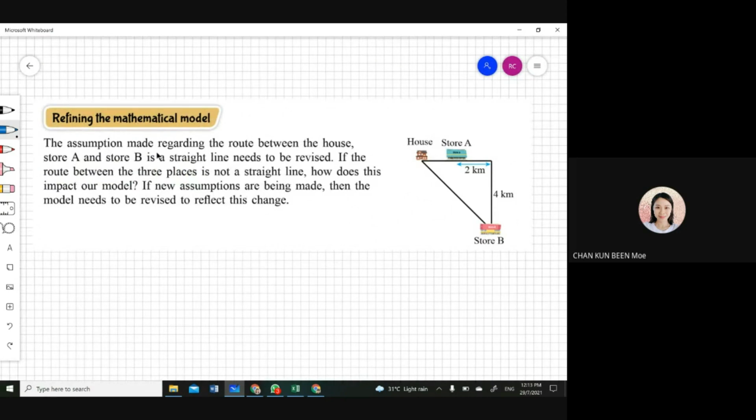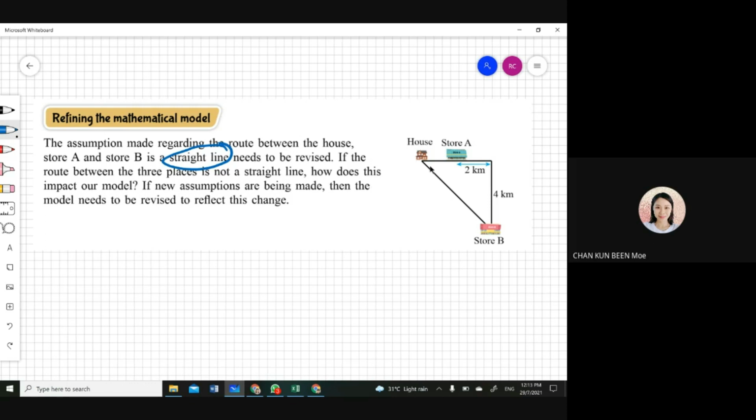The assumption made regarding the route between the house, store A, and store B is a straight line. Earlier, we assumed that it is a straight line, right? So it needs to be revised because this one for sure is not true unless you live very near to store A and store B. If the route between the three places is not a straight line, how does this impact our model?